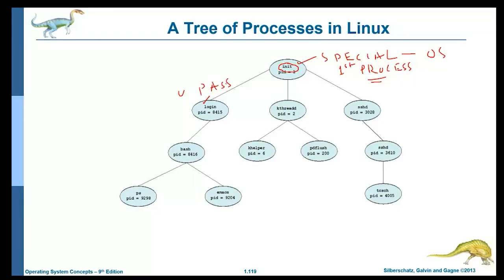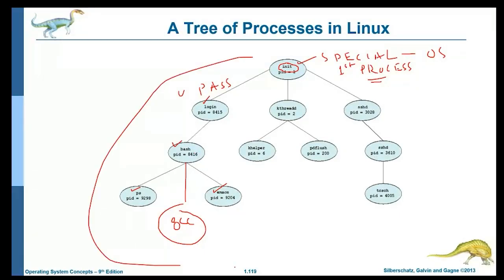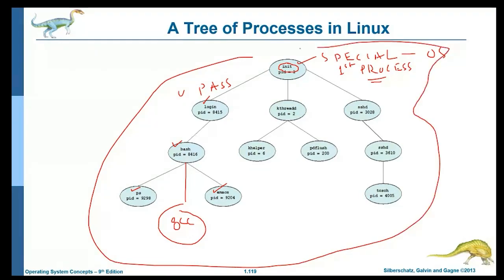If your password is correct, it then goes on to show you a shell, which is the bash shell. Then on the shell, you can issue commands like the ps command for looking at the list of processes, the emacs command, which is an editor, or you can run gcc if you like. So the bash process then creates its own children. So you see a tree of processes in any operating system.